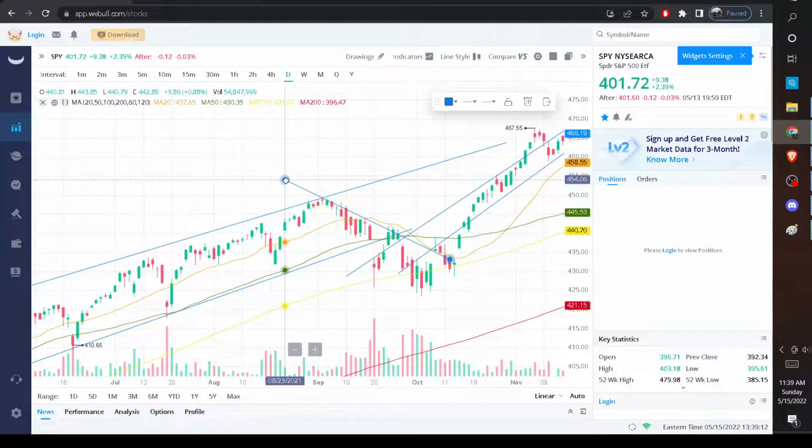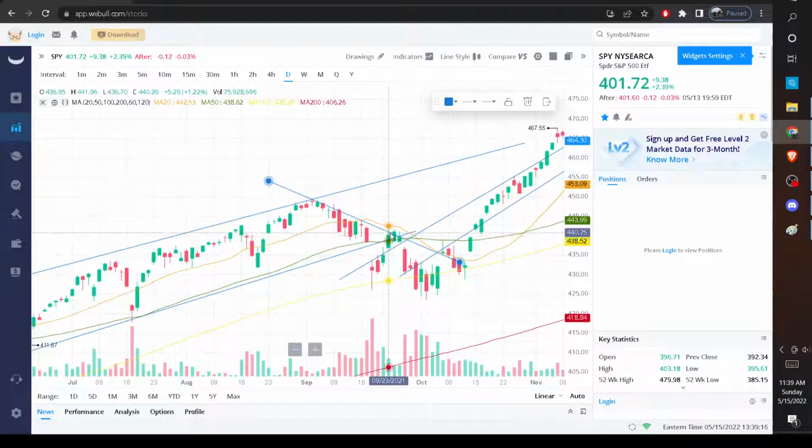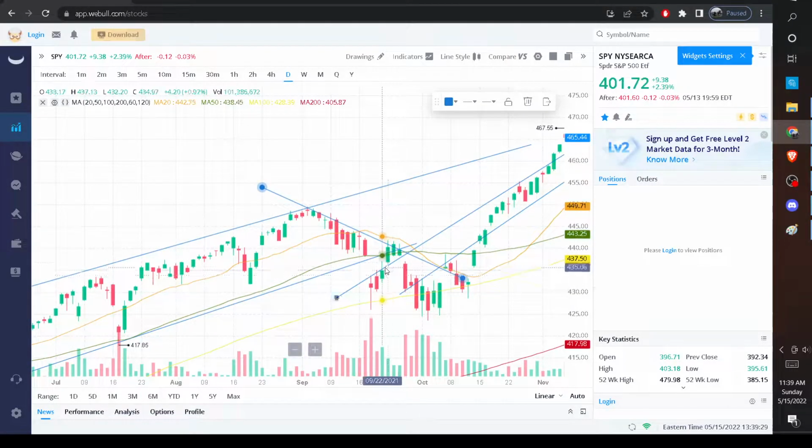Or I probably would have drawn it like this at the time. So at the time, maybe I pick up these hedges right around here, and then right here I might be getting scared. But there is something called price action rounding out. What rounding out basically means is that you see momentum pick up, and then you start seeing it fade.